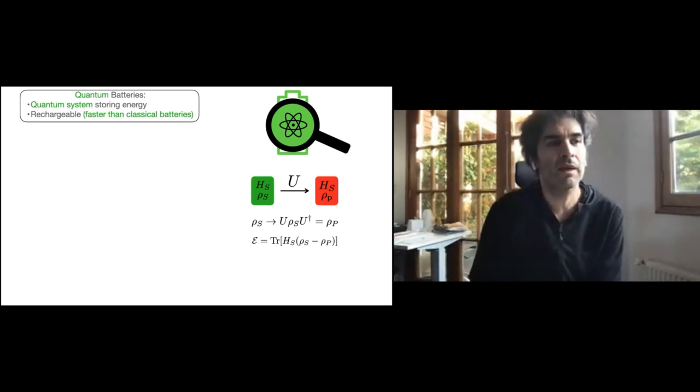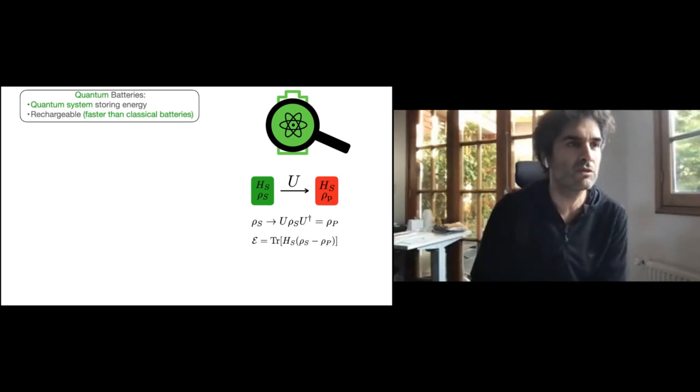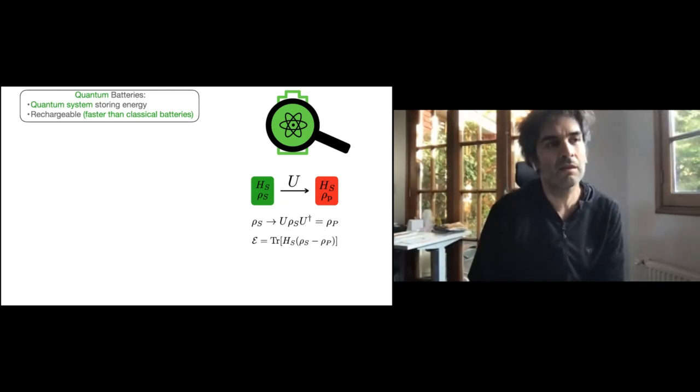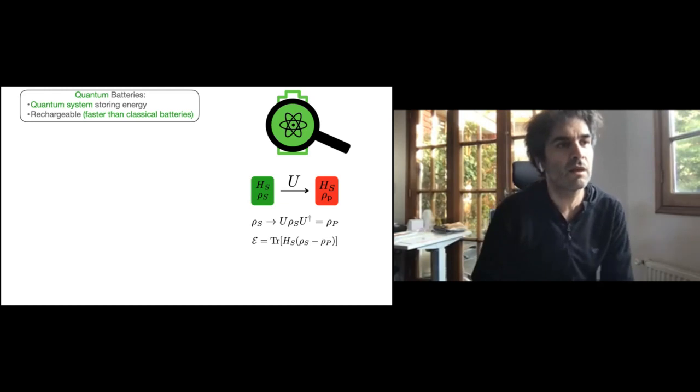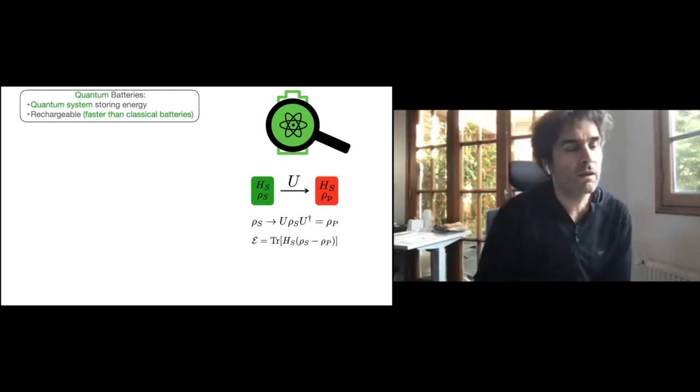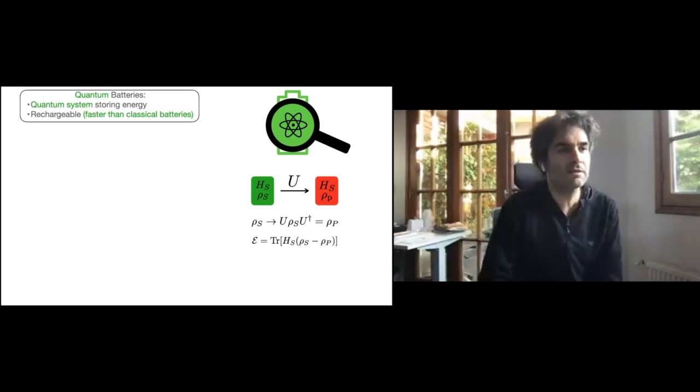And I come back later to details of the ergotropy. The important part is that how we measure the charge is by the energy one can extract in these unitary operations.